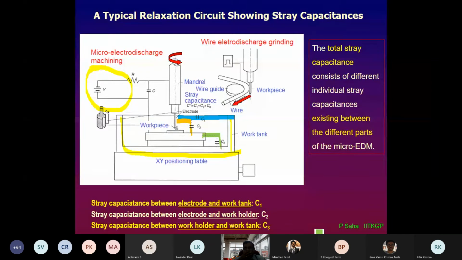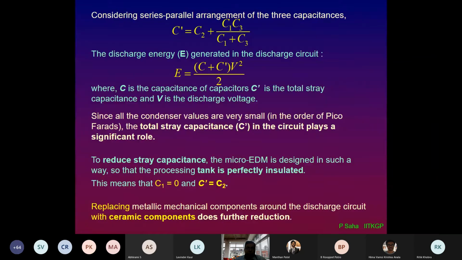So the total stray capacitance will consist of different individual stray capacitances like this, existing between the different parts of the micro EDM setup.